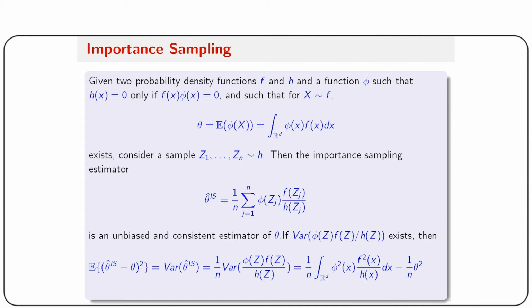If the variance of phi(Z) f(Z)/h(Z) exists, then the expectation of theta hat is theta, and the variance of theta hat equals 1/n times the variance of phi(Z) f(Z)/h(Z), which equals 1/n times the integral of phi squared(x) f squared(x) by h(x) dx, minus 1/n theta squared.